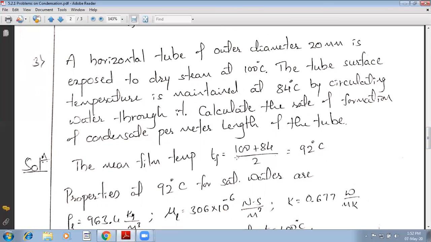This is also given at the top of the formula in your heat transfer data handbook. So the steam temperature, or vapor temperature, is 100 and the surface temperature is 84. If you take the average, you have a film temperature of 92 degrees Celsius. Now the properties at 92 degrees Celsius have to be considered.